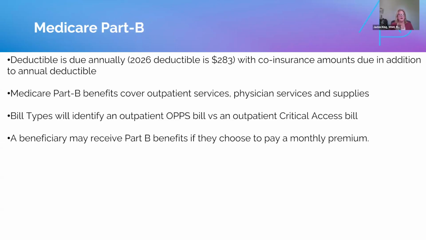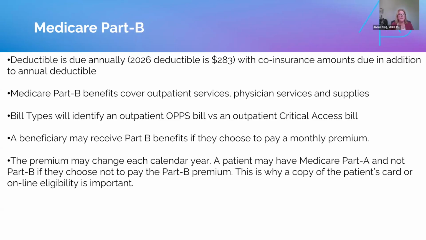A beneficiary can have Part B benefits if they choose to pay a monthly premium. The premium will change. I told you that link. You can go on previous slide. Every year it changes. And Medicare may pick a Part A and not Part B if they choose not to pay the premium. And that's why a copy of the card or that online eligibility is uber important.